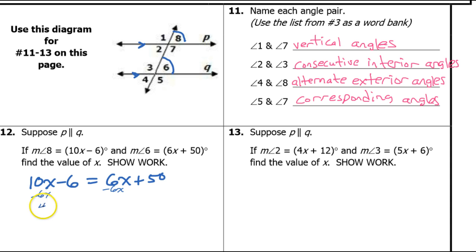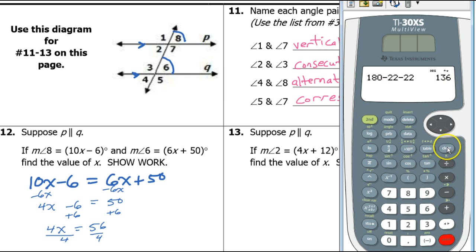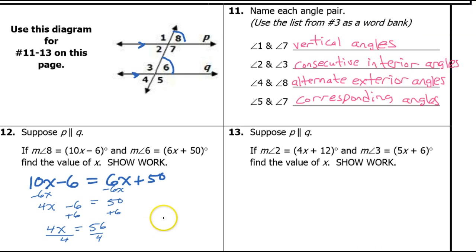So that's going to leave 4x minus 6 is equal to 50. And then we add 6 to both sides. So that gives us 4x is equal to 56. And then we divide both sides by 4. So what's 56 divided by 4 again? I don't rightly know. 14. So we find out that x is equal to 14. Kabam.